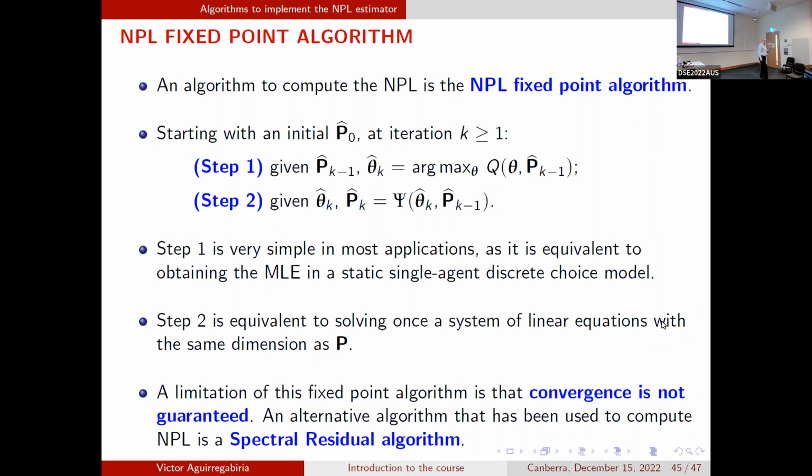The computational cost is in the construction of Z tilde and E tilde, because we have to invert this large dimensional valuation matrix. But given this Z tilde and E tilde, the maximization with respect to theta is as simple as McFadden's static logit model. And then, given the new theta and the old P, we use our estimated model to construct a new estimate of the choice probability.